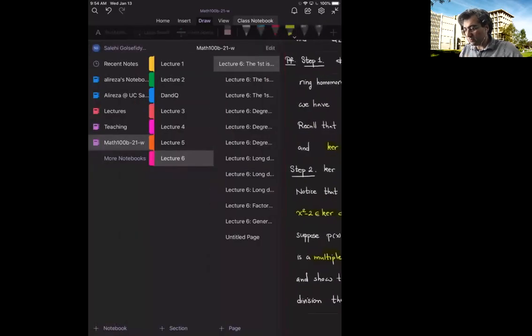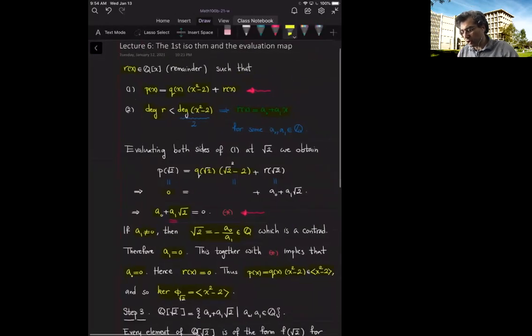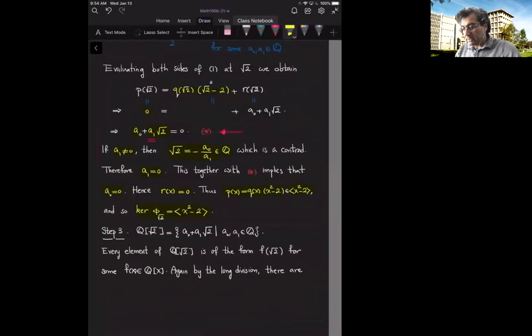Okay, so the only remaining part is to show that the ring generated by root 2 and Q consists of elements of the form a sub 0 plus a sub 1 root 2, where a sub 0 and a sub 1 belong to Q. Again, let's try to understand the subtlety. By the definition of Q[root 2], it consists of polynomials evaluated at root 2. So these polynomials can have arbitrarily large degree.